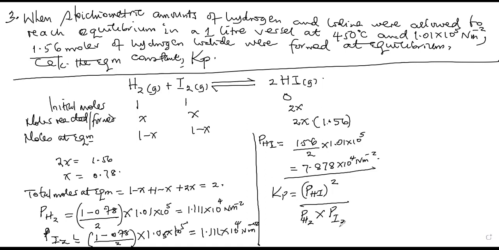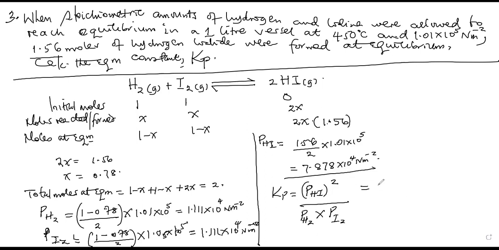That is how we write it. But the only logic behind here is that when you're given pressures, you must look for the total moles at equilibrium, because to get partial pressure of a particular substance, we get moles over total moles times the total pressure.